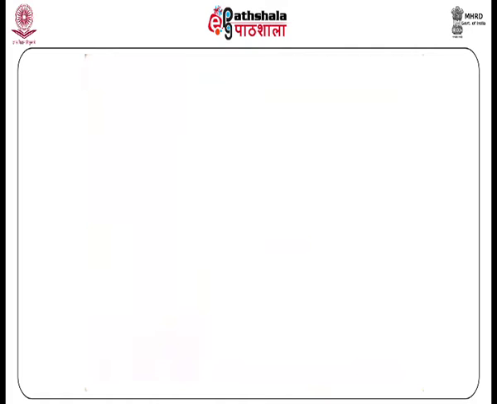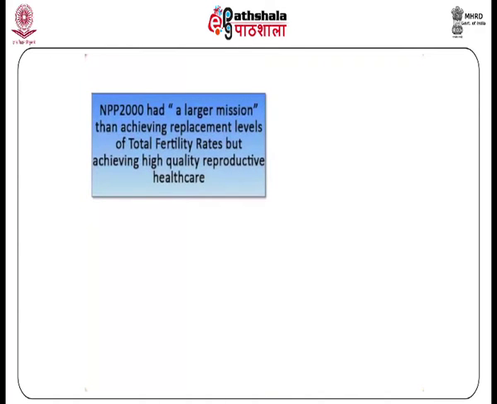In 2014, the mid-term objective may be said to have been more or less achieved, but as Sandhya Agarwal put it in her article on India's National Population Policy 2000 and its evaluation, NPP 2000 had a larger mission than achieving replacement levels of total fertility rate, namely achieving high quality reproductive health care.